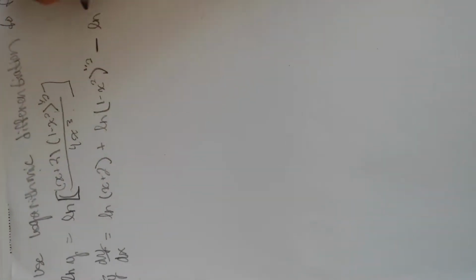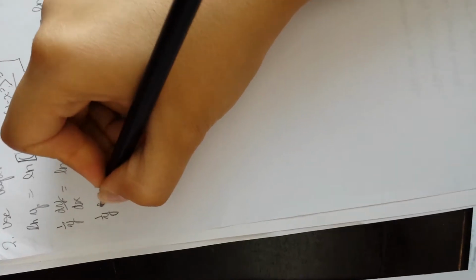These were added because they were multiplied, this was subtracted because it's being divided. So minus ln of 4x cubed. Alright, so now 1 over y times dy/dx, that stays the same.